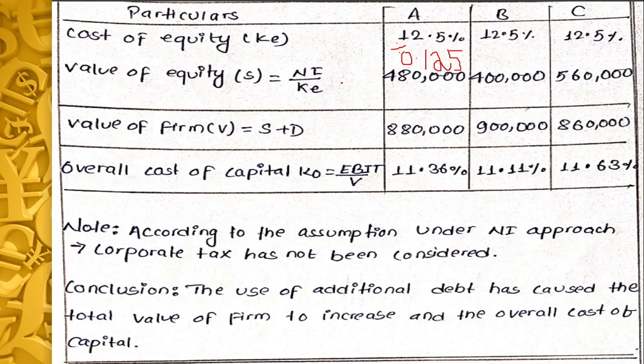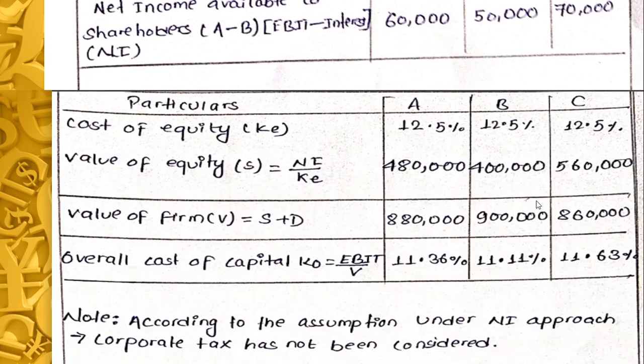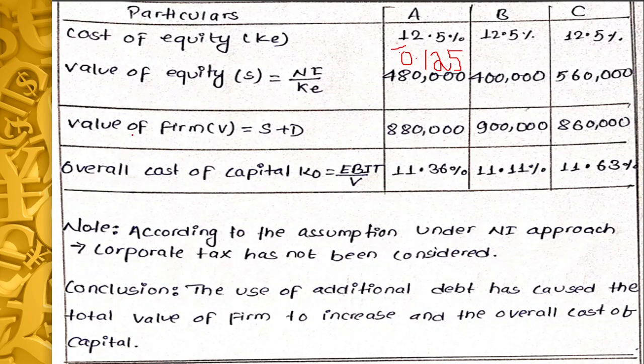Now, the debt value has already been calculated as 4 lakh, 5 lakh and 3 lakh. So, while calculating the value of the firm, you will have to add the total value of equity and the total value of debt.